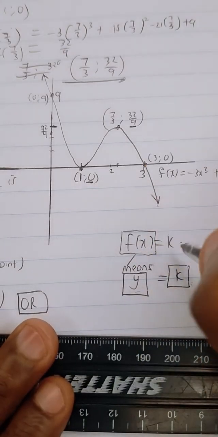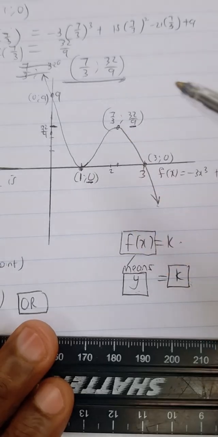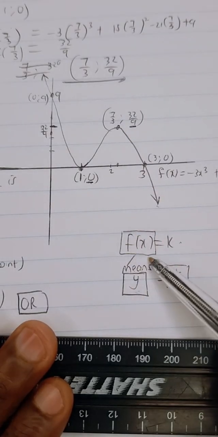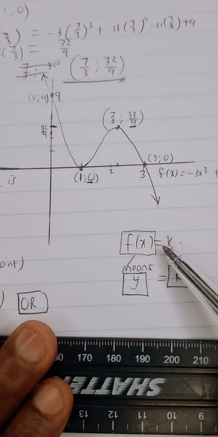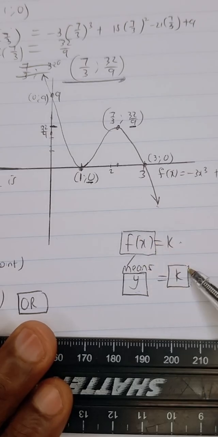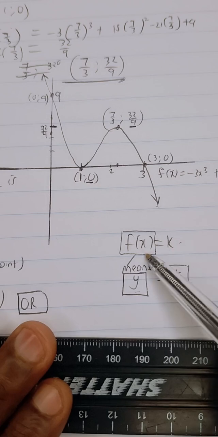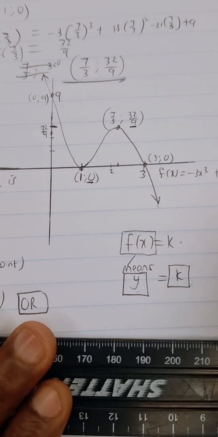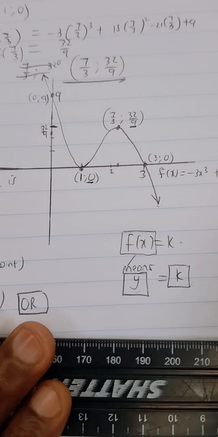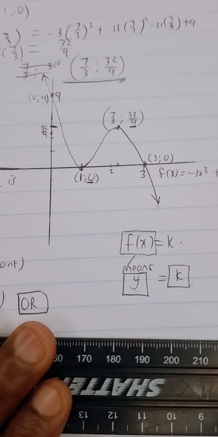We always make sure first and foremost that in the given f of x, the k is on the other side. If it's not, say they had given me f of x minus k is equal to 0, my obligation is to take that negative k over so that I have f of x is equal to k. I can then gauge my k value, because k is the same thing as y.